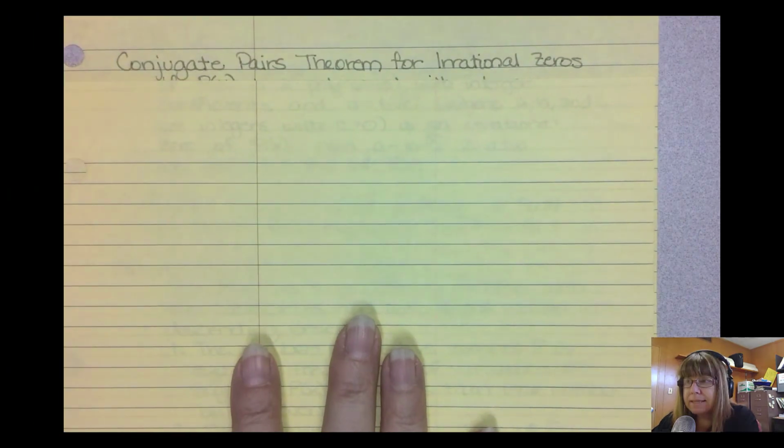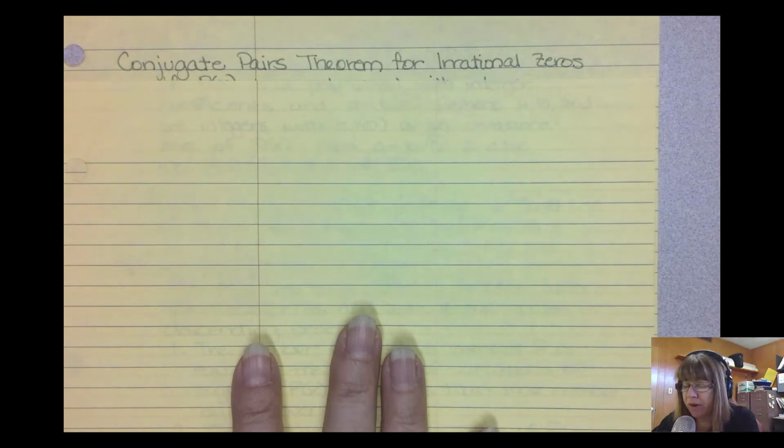In our last example, we had a couple of irrational real numbers as our solutions. We had 1 plus the square root of 5 and 1 minus the square root of 5. And it turns out we actually have a theorem to support that: anytime I have one irrational value as my solution, I am going to have its conjugate.